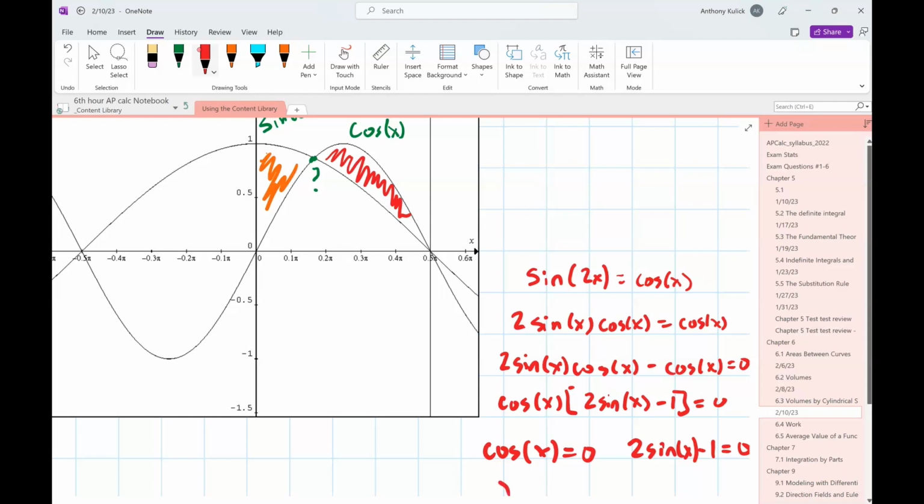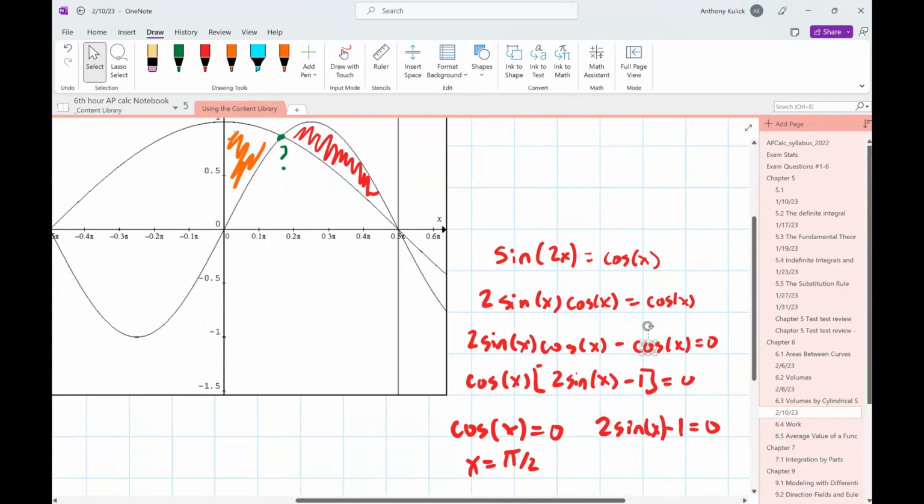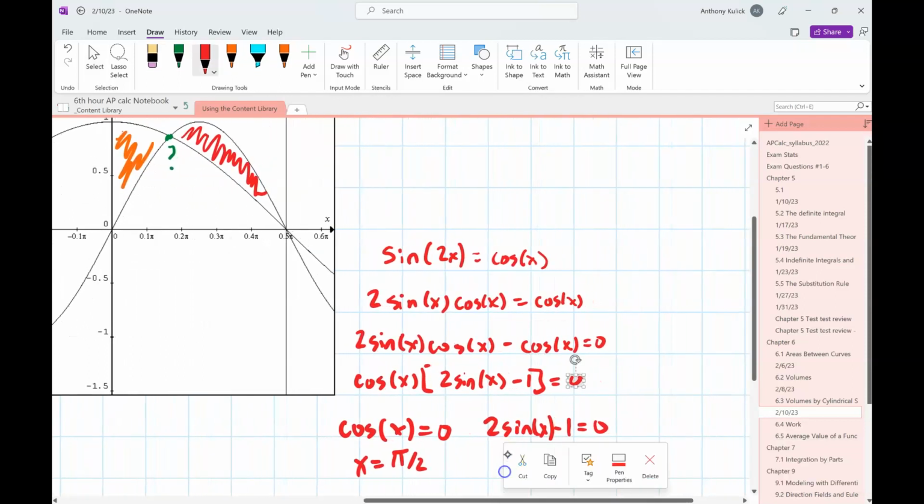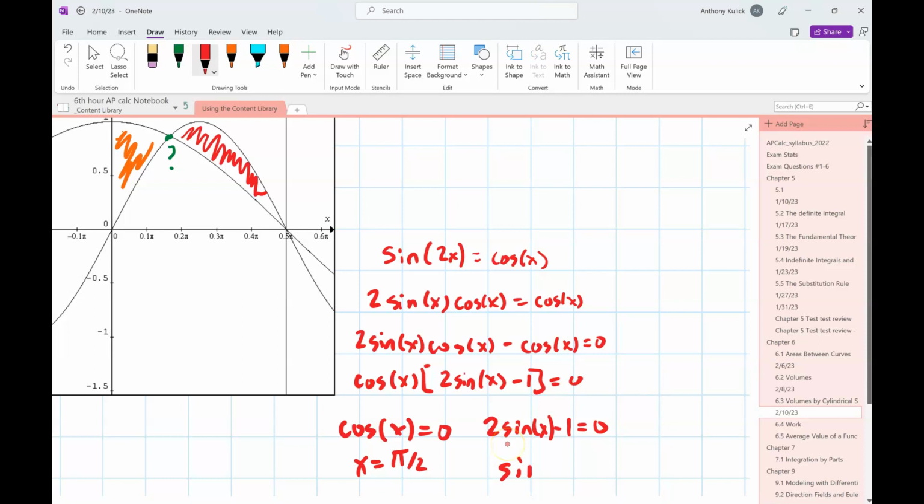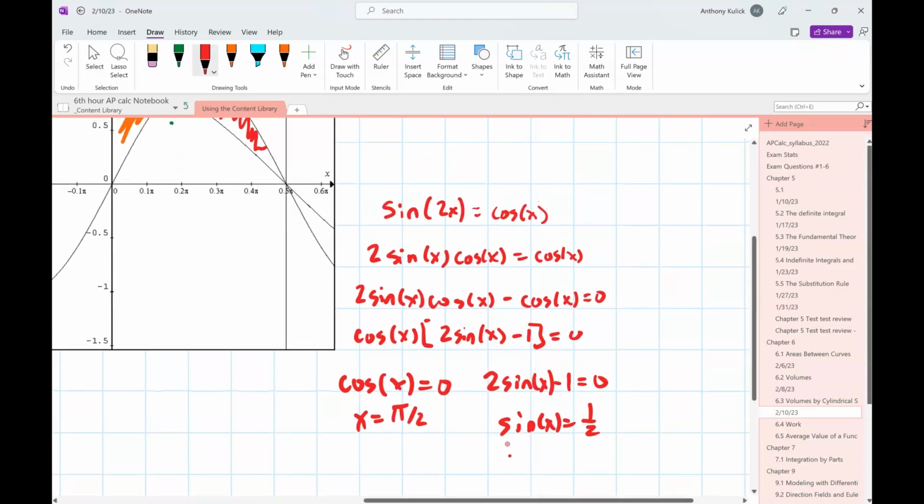So cosine x is equal to 0 at pi over 2. Well, that's not surprising because that's the intersection right here that we can already see. And then here we have sine x is equal to 1/2, which happens at pi over 6. Good.